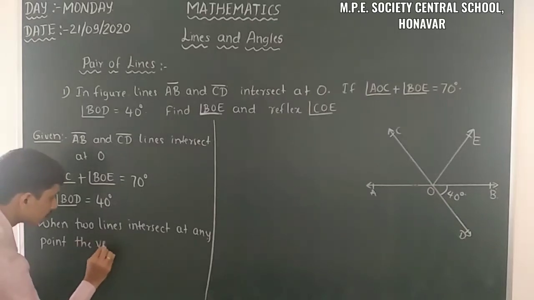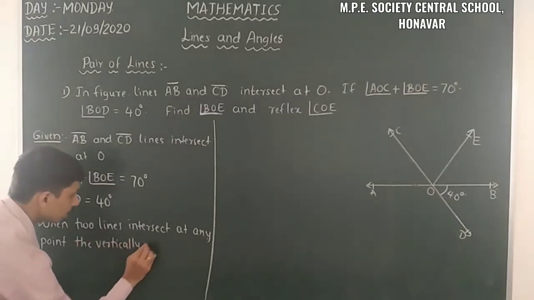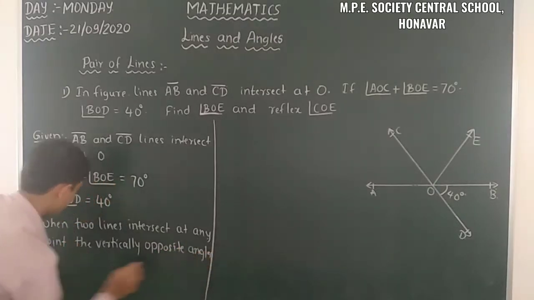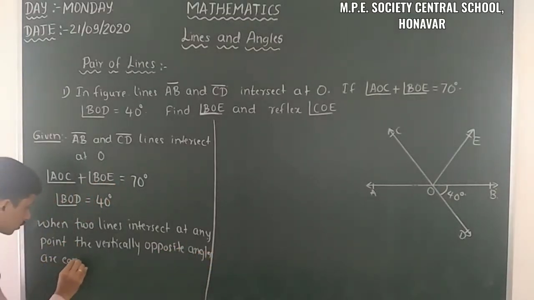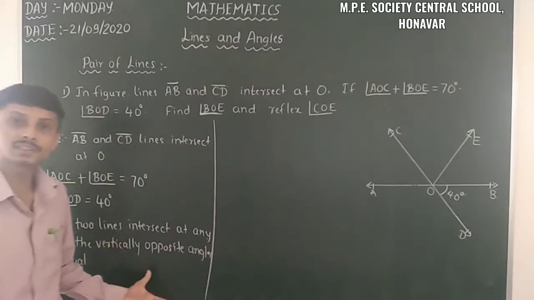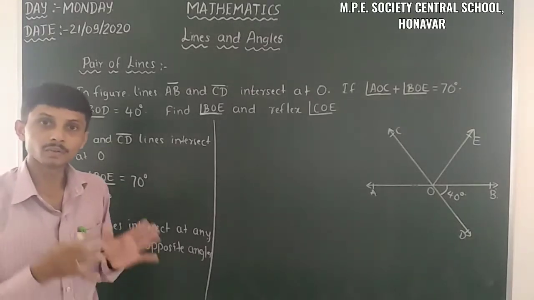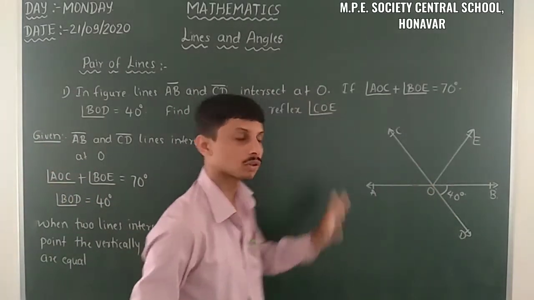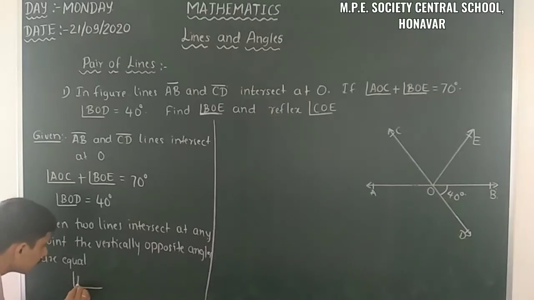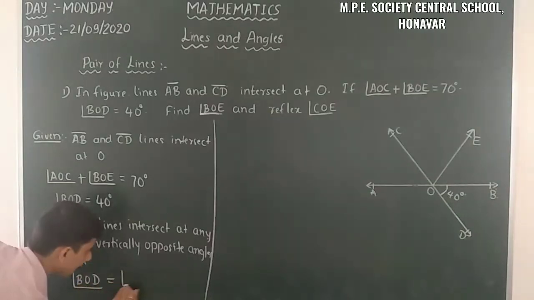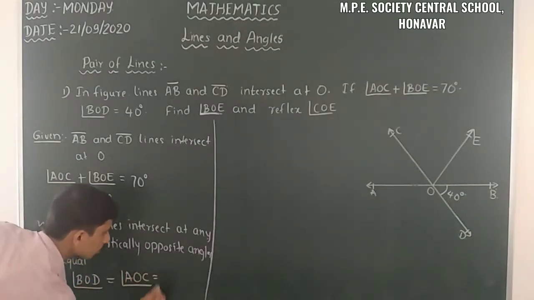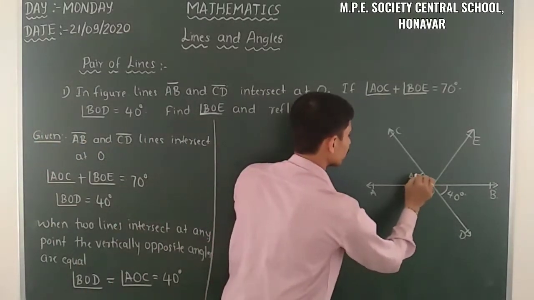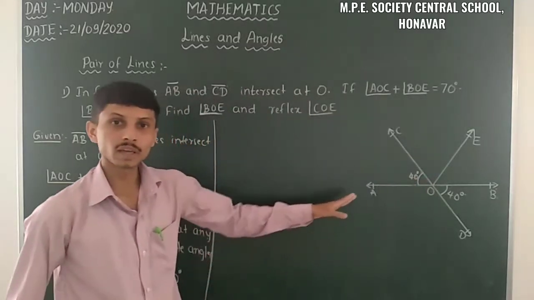We must write what the reason for this is. So that means angle BOD is equal to angle AOC is equal to 40 degrees. So we have this angle as 40 degrees.